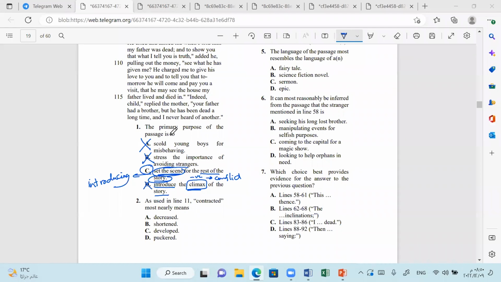You don't have to leave them till the end, but leaving them till the end is not wrong as well. I only wanted to introduce today a very helpful, easy, fast way to find the main idea of the whole passage just by focusing on the blurb, and it almost works in every single question.